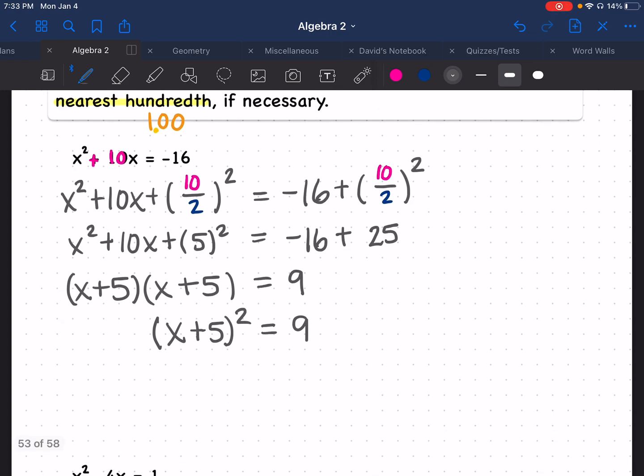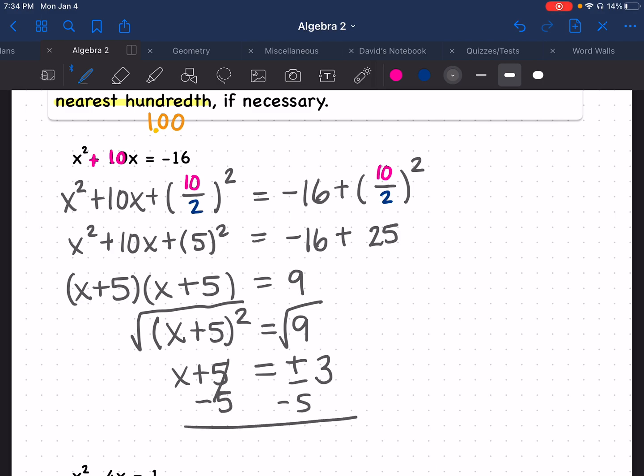Now what this allows me to do is to use my square roots to solve. So the square root of x plus 5 squared is x plus 5. And of course, the square root of 9 is positive and negative 3. To finish solving, all I have to do is subtract 5 to the other side, which gives me these two answers.